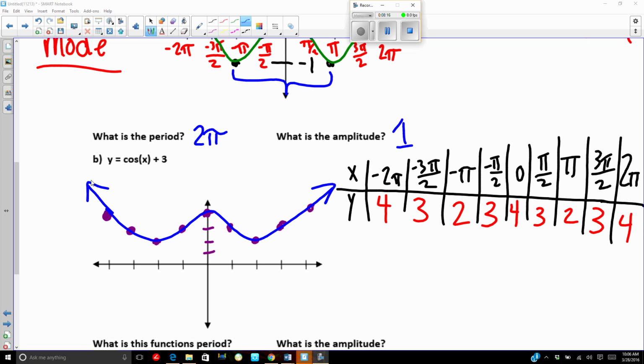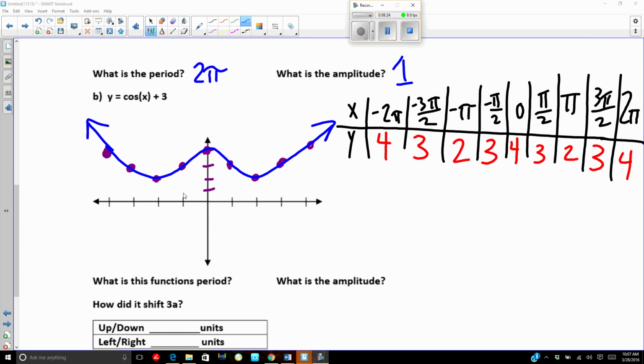Again, make sure your calculator's in radian mode. And you should be able to find the period and the amplitude just like the previous problem. Again, you could use the formula, or you could use the visual definition, just find the length from where it repeats. Either way, again, the period is 2 pi, and again, the amplitude is 1.